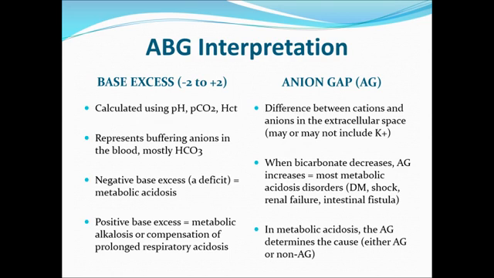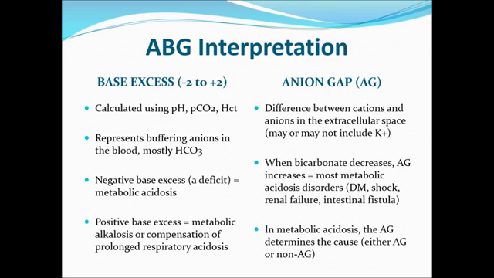It's a calculation that's done based on the pH, the PCO2, and the hematocrit. Basically, if it is negative, it's going to indicate a metabolic acidosis. Okay, if it's positive, you're looking at an alkalosis, or you're looking at compensation of a long-term respiratory acidosis problem.